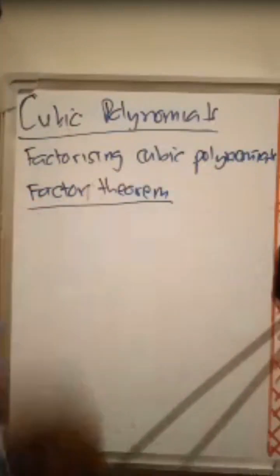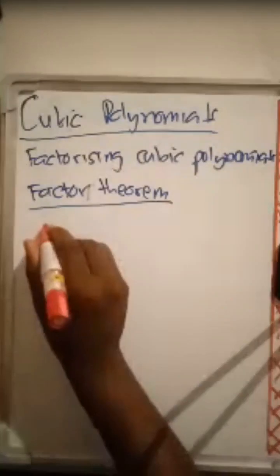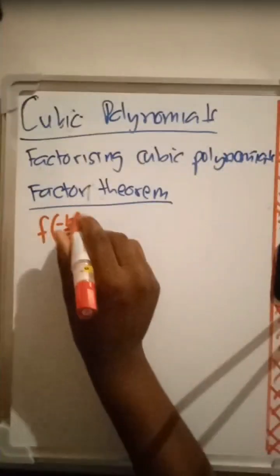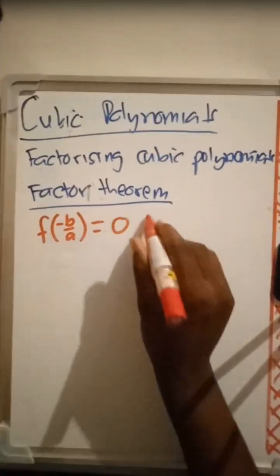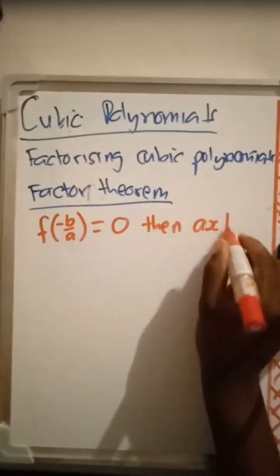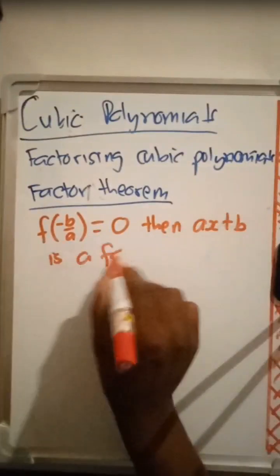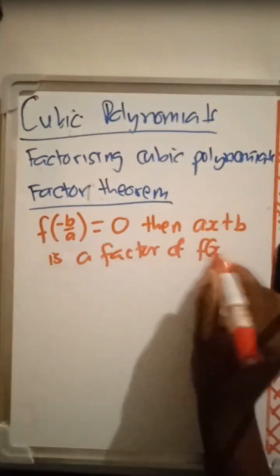For us to be able to factorize, we use the factor theorem. What does the factor theorem say? The factor theorem says if we are given f of x, and f of negative b over a equals 0, then ax plus b is a factor of f of x.